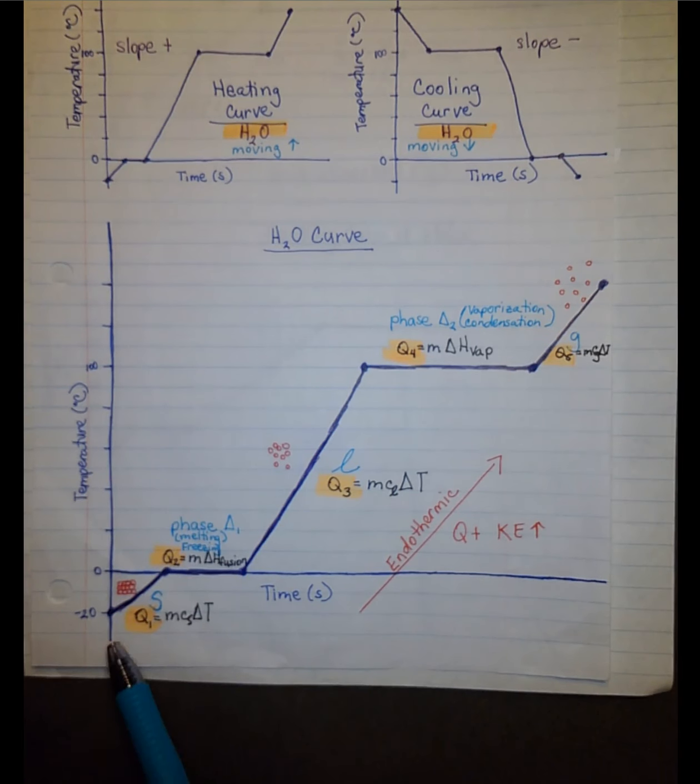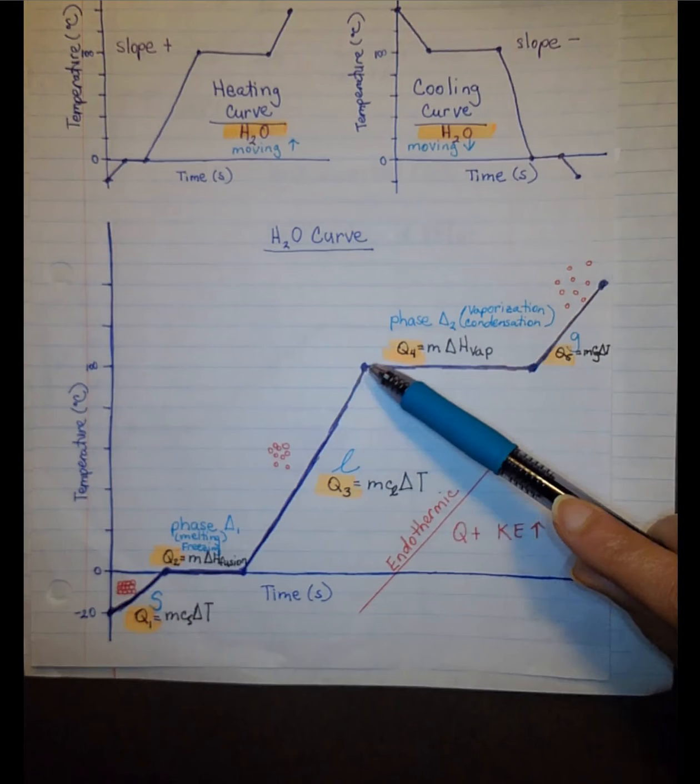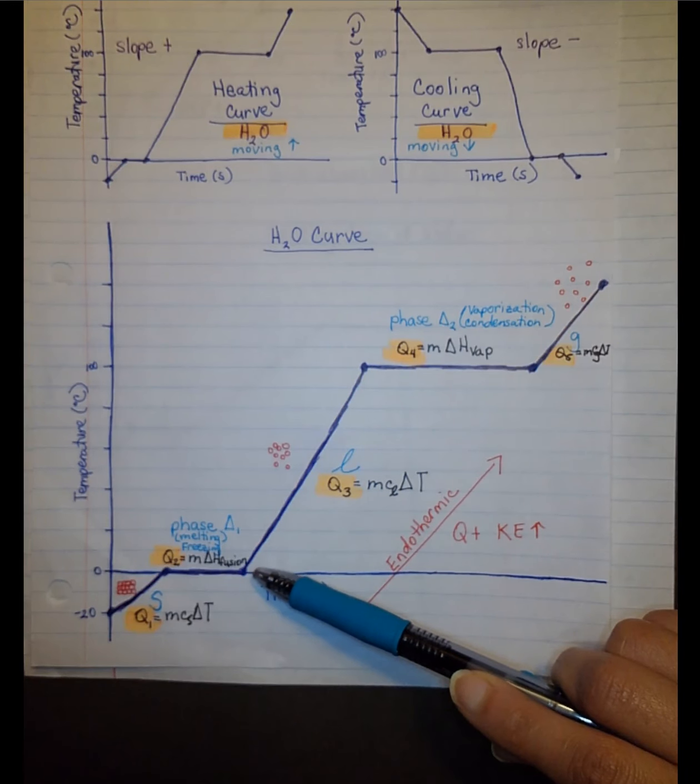At the first diagonal line for the state of solid, notice how the temperature is changing. Because the temperature is changing, now we have kinetic energy present, and kinetic energy is also increasing in this case. You would have very little potential energy present. The same is true right here for the liquid.